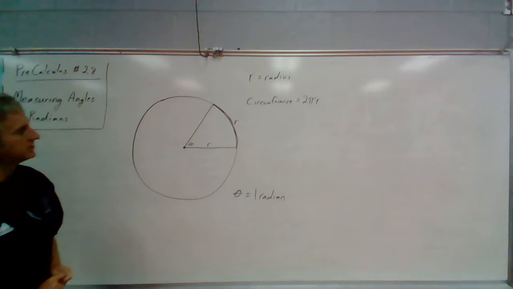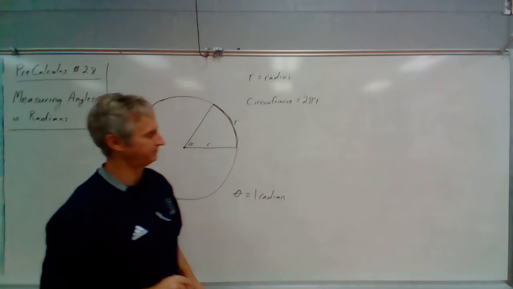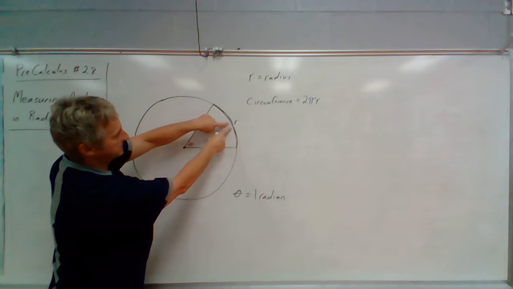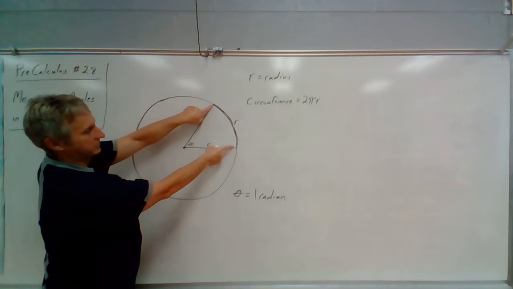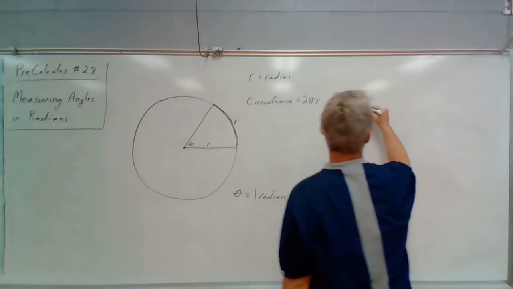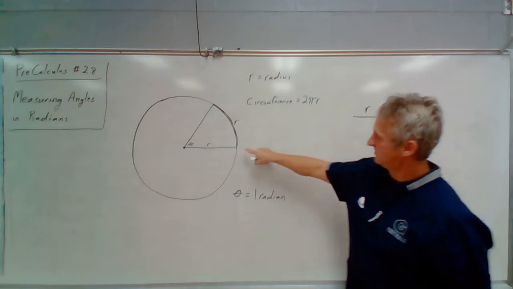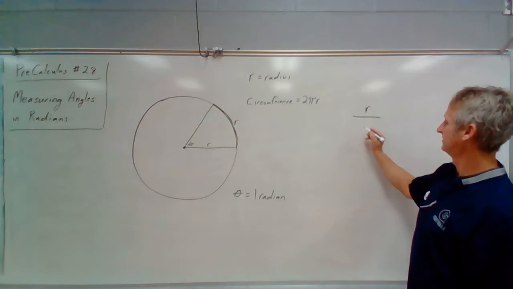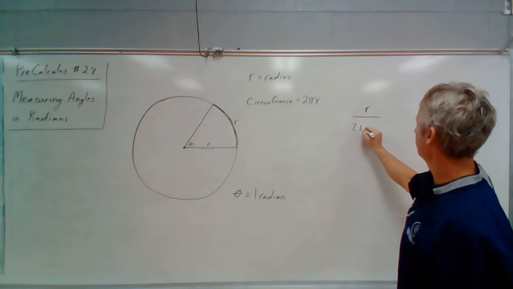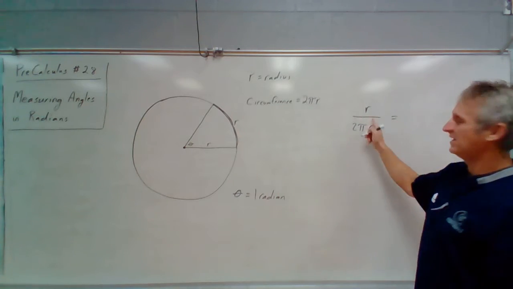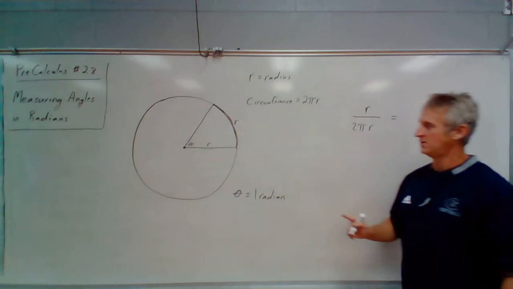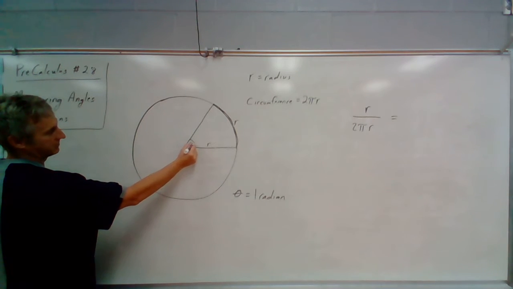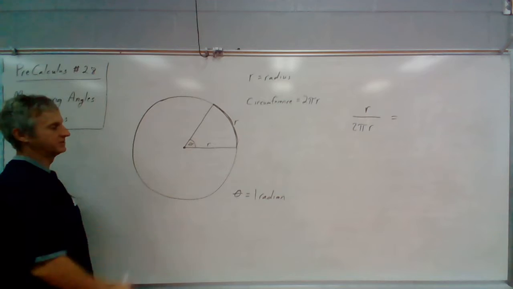All right, so once I do that, now let's set up a proportion. Okay, so this length right here, this sector of the circle, if I make the ratio between this length and the entire circumference of the circle, which would be 2 pi r, that ratio should be equal to the ratio of this angle right here to the entire angle of the circle.